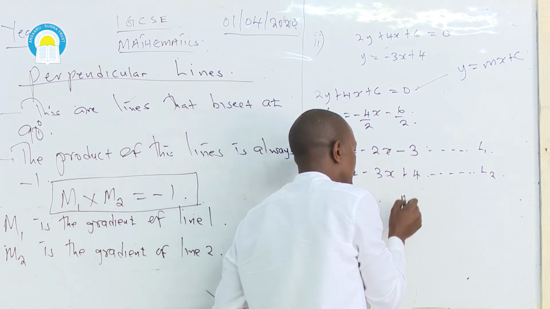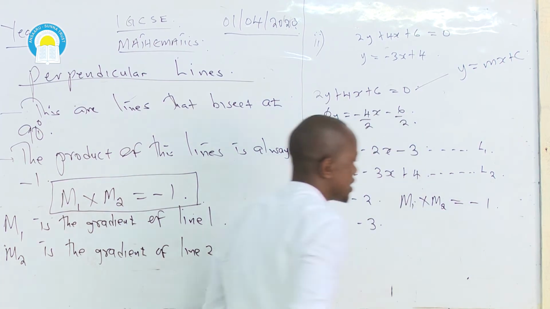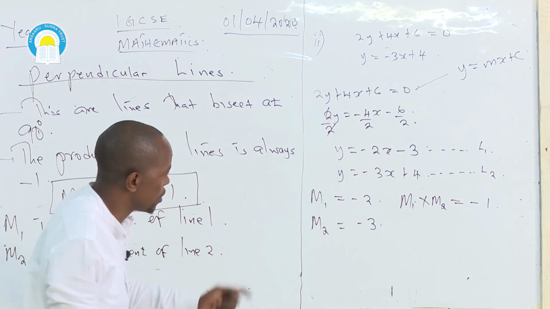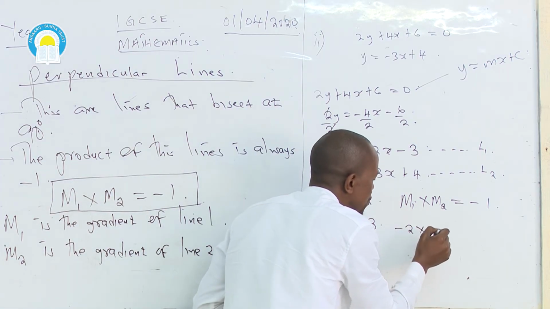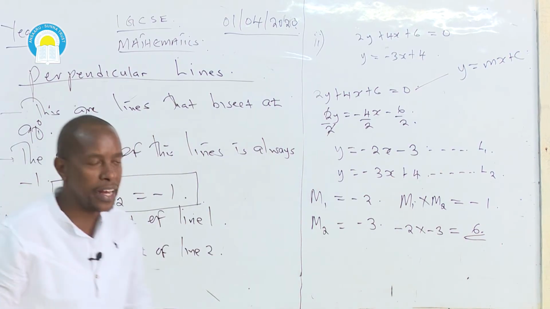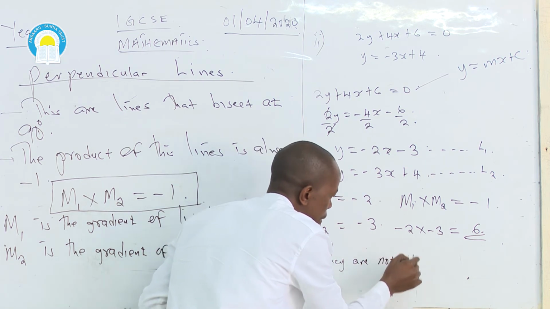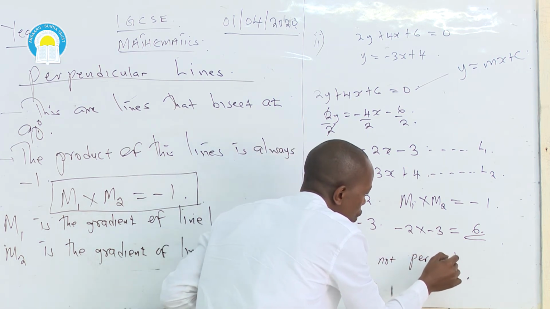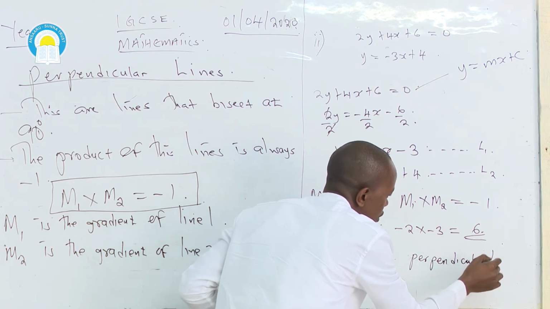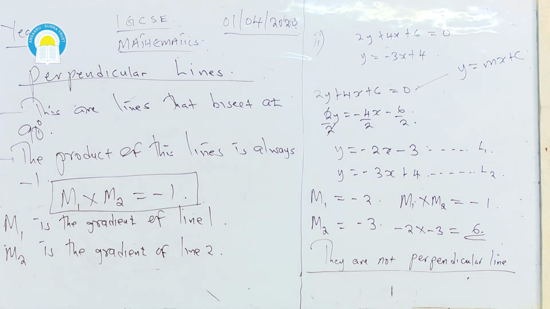Remember, if they are perpendicular, then M1 times M2 should give us -1. Now, -2 times -3 gives us 6, and 6 is not -1. So we say they are not perpendicular lines, because the product of their gradients is not -1.